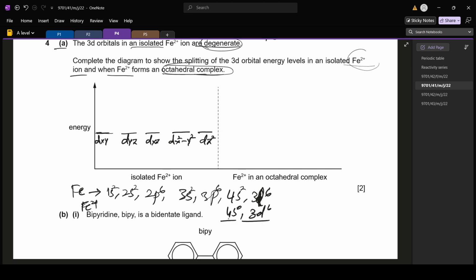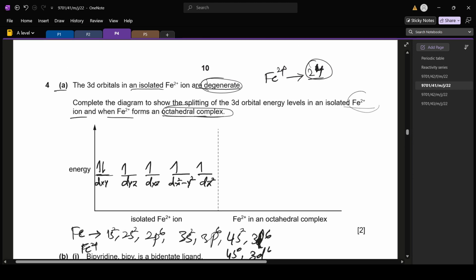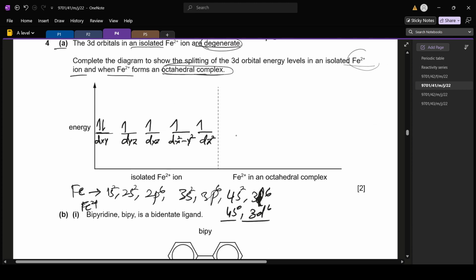That's right, because the 4s is the valence shell and electrons are removed from 4s. So there are 6 electrons in 3d and we have to arrange them. First there will be 5 unpaired electrons, and then the sixth one. This is the electronic structure of the isolated iron 2+.